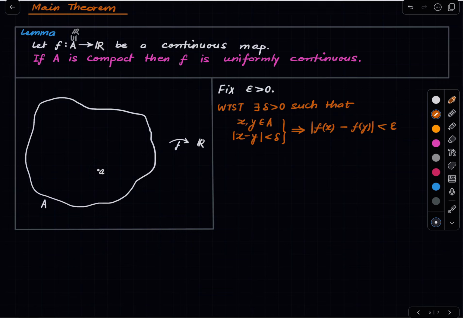Okay. So here is what we will do. For each a in A, we know that there is some delta_a.